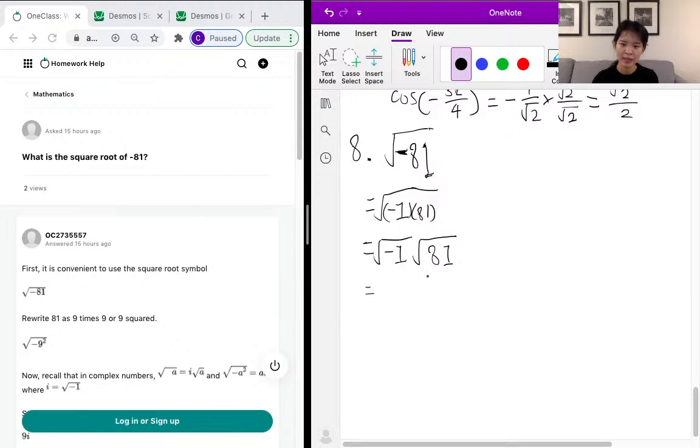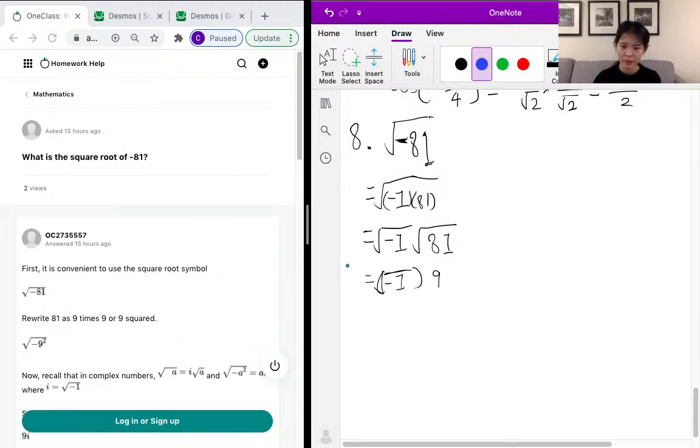And for 81 here, the square root of 81 is just 9, and the square root of negative 1 actually has a special name, which is i.